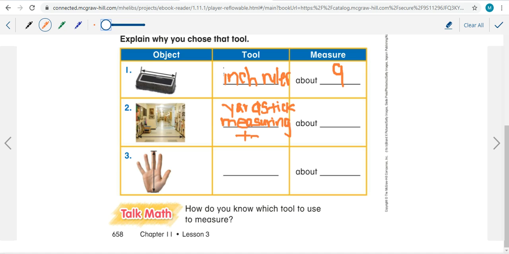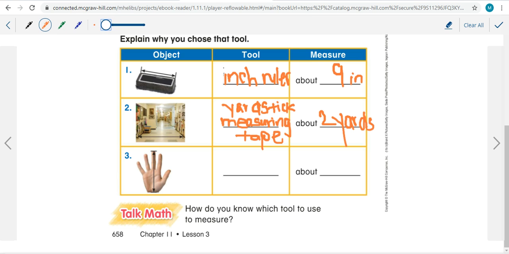Either of the two tools, it's okay, okay? Now, I think that this hallway is about 2 yards. So we write 2 yards, okay? Here it's about 9 inches.